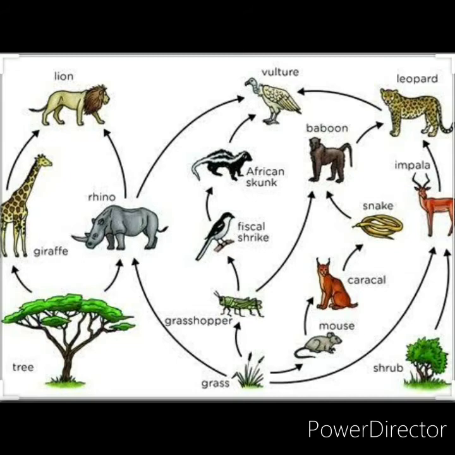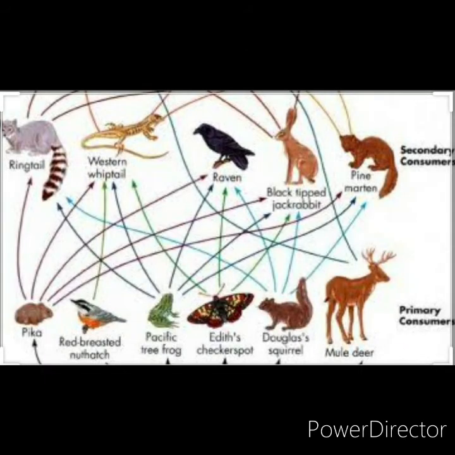This is what we call trophic levels. The chain of transformation of energy from one group of organisms to another through various trophic levels is called a food chain. A system of interlocking and interdependent food chains is called a food web.